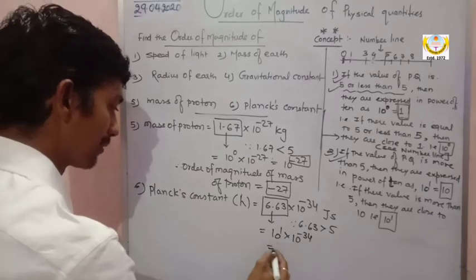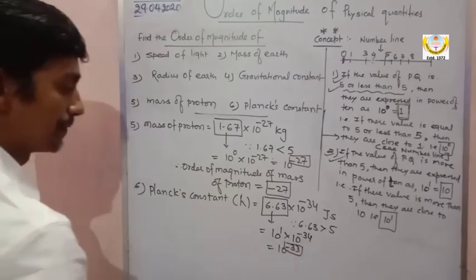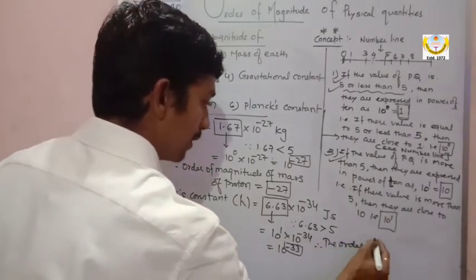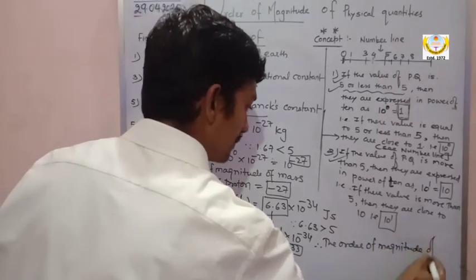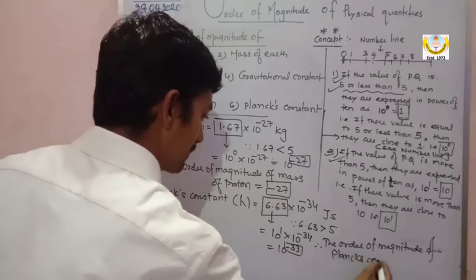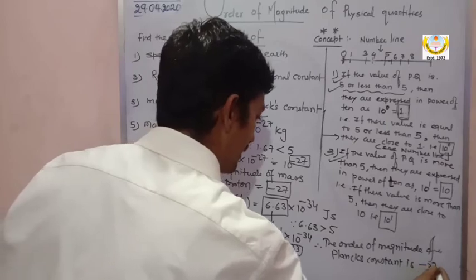The answer of this will be 10 power minus 33. Therefore, the order of magnitude of Planck's constant is minus 33.